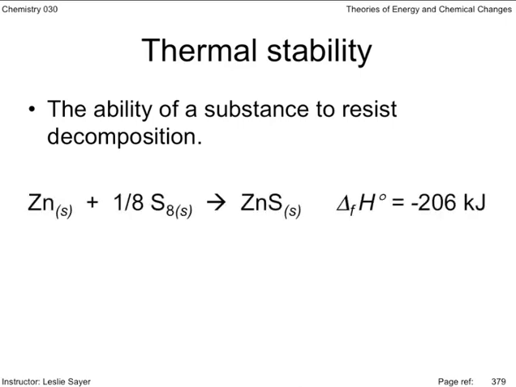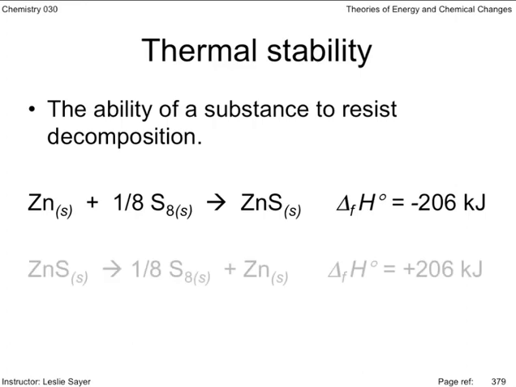If 206 kilojoules of energy is released by the formation of zinc sulfide, then 206 kilojoules is required to decompose it back to its elements. The greater the amount of energy required to decompose a compound, the more thermally stable it is.